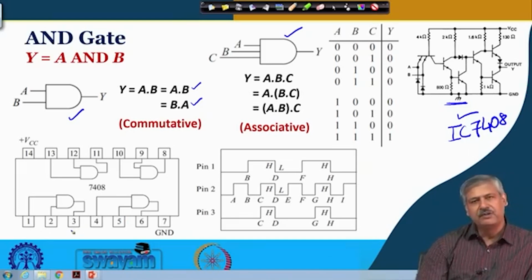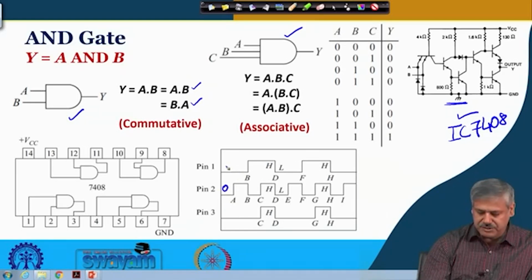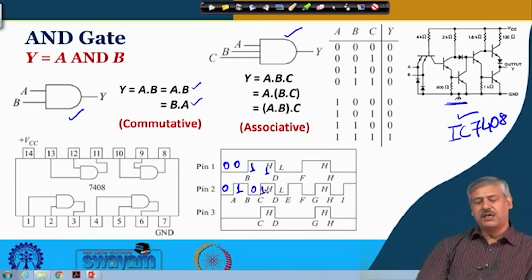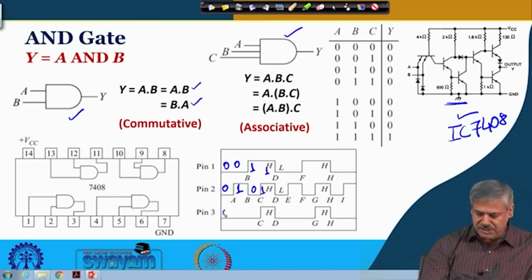If you send a rectangular signal in which the arrangement covers the possibilities 0, 0, then 0 and 1, 1 and 0, and 1 and 1, then what do we expect? For AND logic, when both the inputs are 1, the output will be high. That is what you see for each of these cases: 0, 0, 0, and 1.